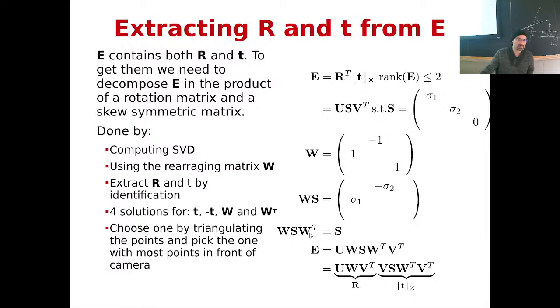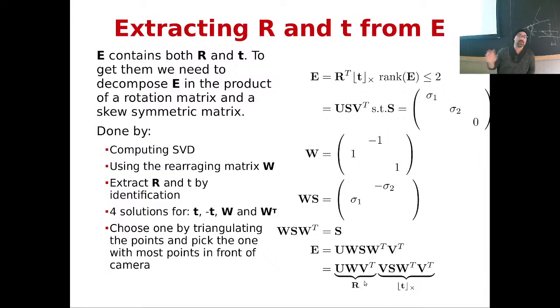Now, if I substitute this expression for S into the SVD decomposition that we know should be equal to E, I would get U W S W transpose V transpose, just like by expanding S.